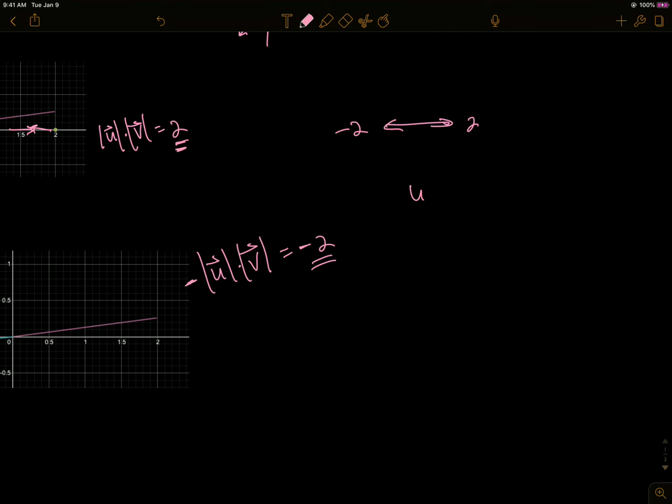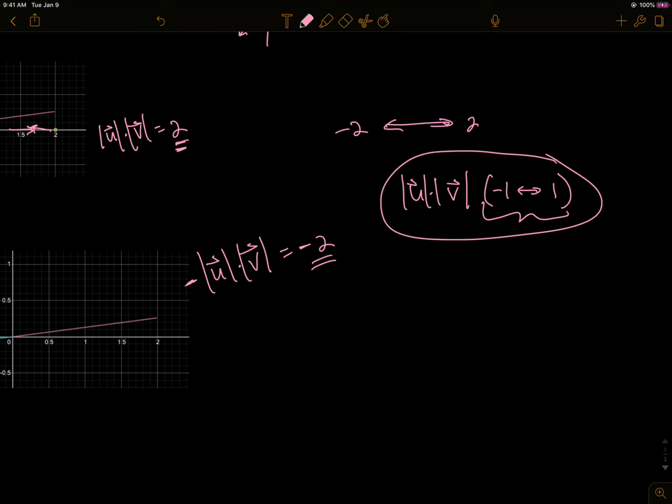So we're thinking if I can take the magnitudes and multiply them together, and multiply by some function that would switch back and forth between negative 1 and 1, that would give us our dot product, right? If I have some function here that oscillates between negative 1 and 1, when it's 1, I'll get the biggest possible u times v, which is 2.